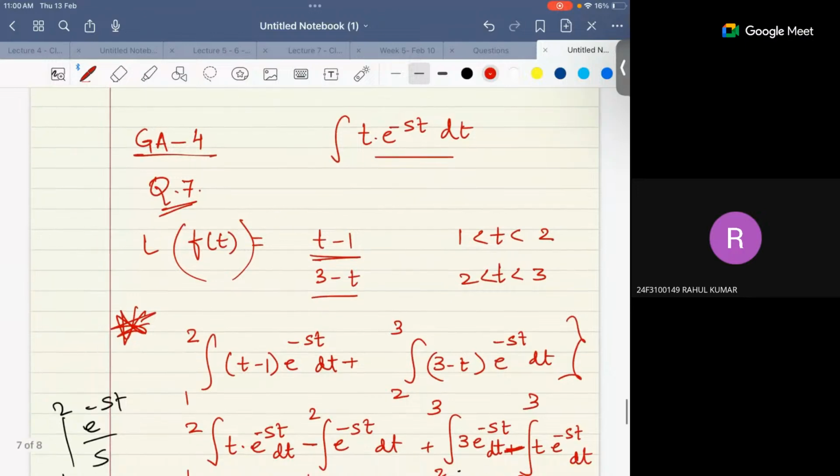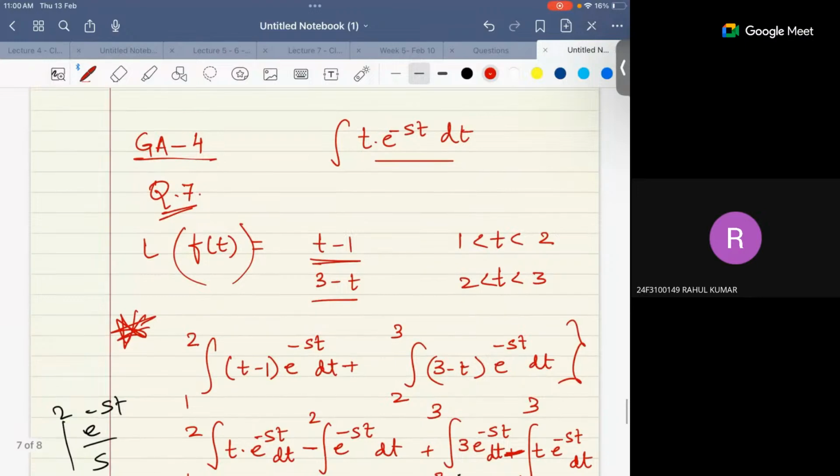I am supposing that we can differentiate e to the power minus st with respect to s. But the problem which occurs is about the limits. The limits are given with respect to t.